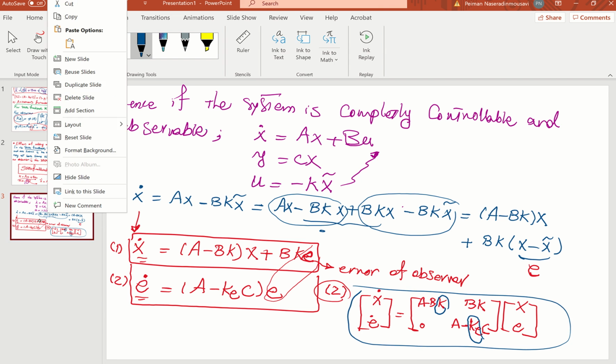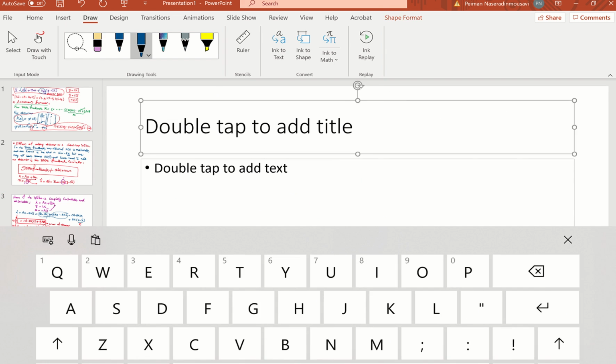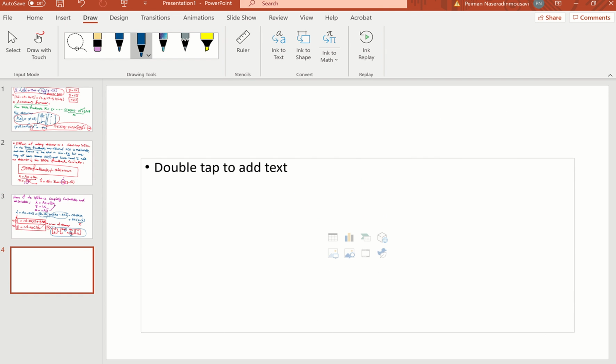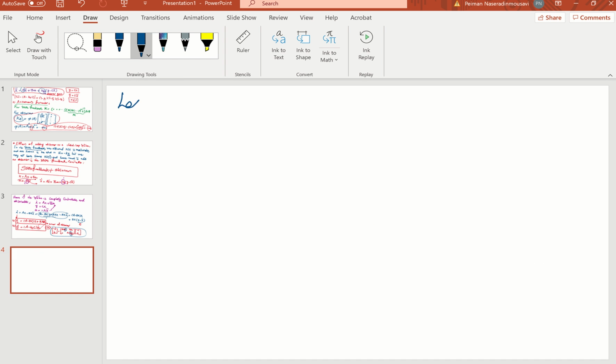Let me go to the next page. So you see that I combined the observer with the state feedback. So now let us define boldface Z as your state vector of x and e.